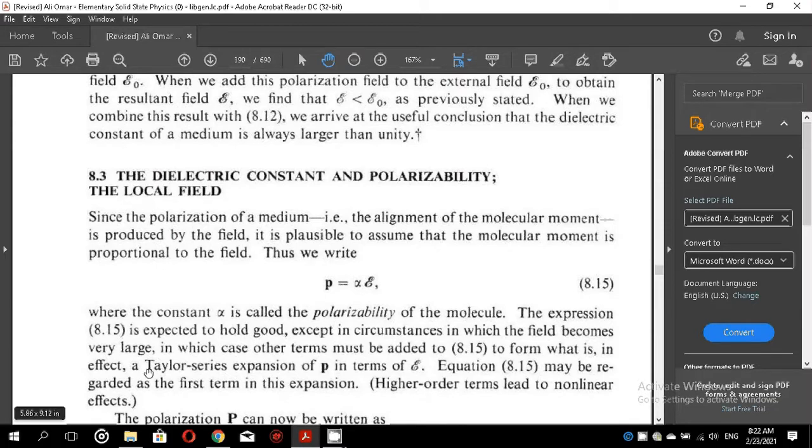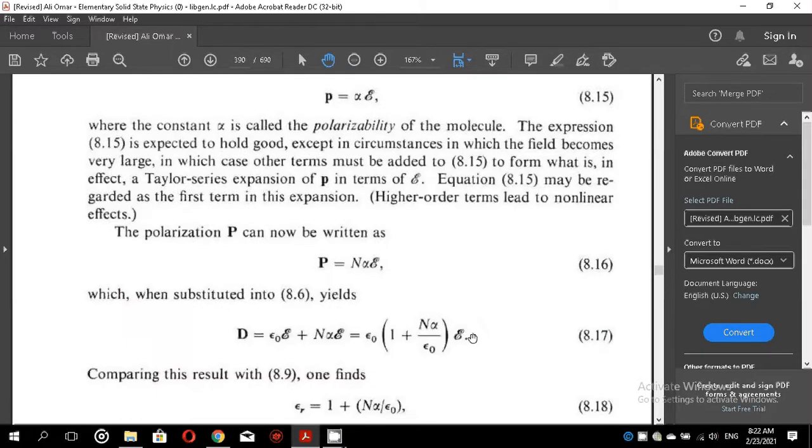This expression 8.15 is expected to hold good except in circumstances in which the field becomes very large, in which case other terms must be added to equation 8.15 to form what is in effect a Taylor series expansion of P in terms of E. Equation 8.15 may be regarded as the first term in this expression.